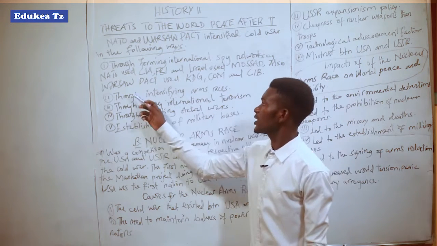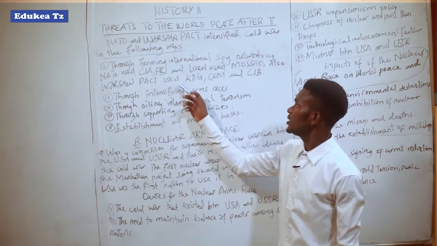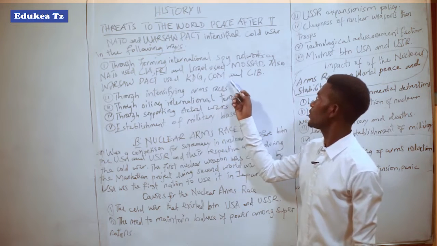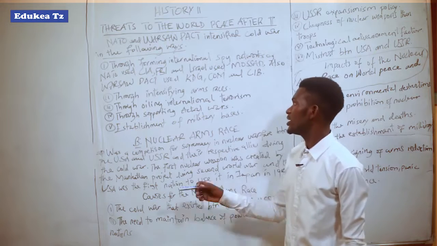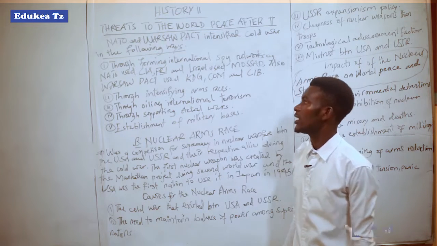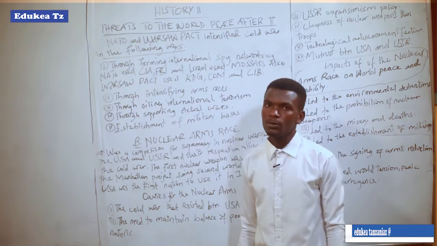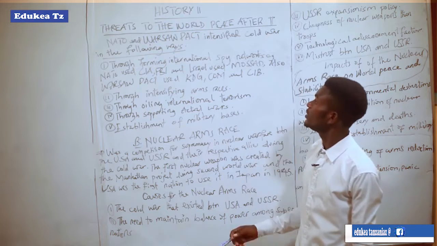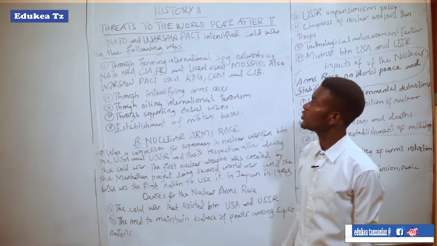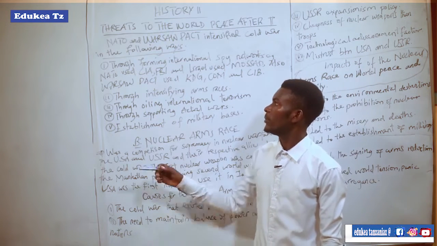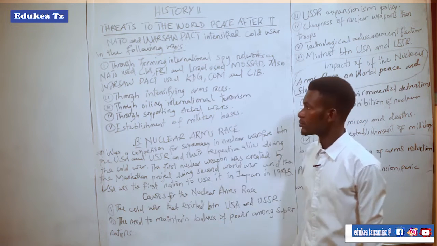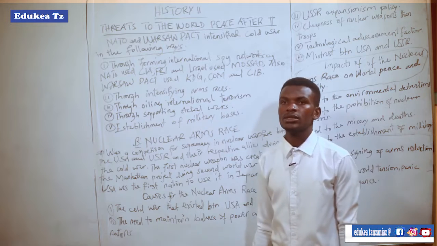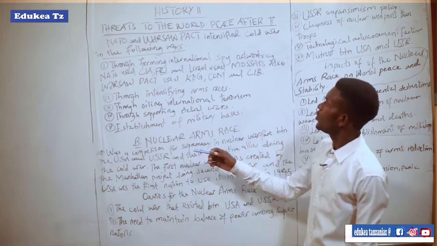But the Warsaw Pact, on the other end, used the KGB and other agencies. These were the spy networks used by each bloc in the collection of international information concerning the eastern and the western blocs.